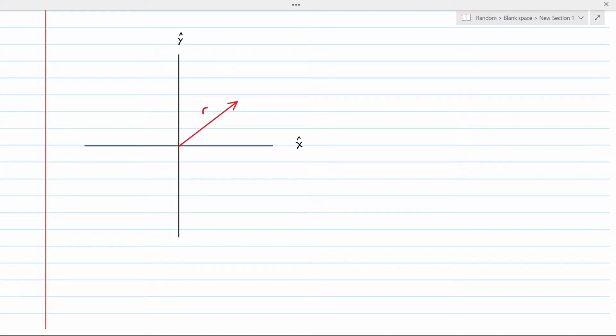If I have, let's say, a position vector here, r, I could write r as being equal to x x hat plus y y hat, where x is just some scalar.